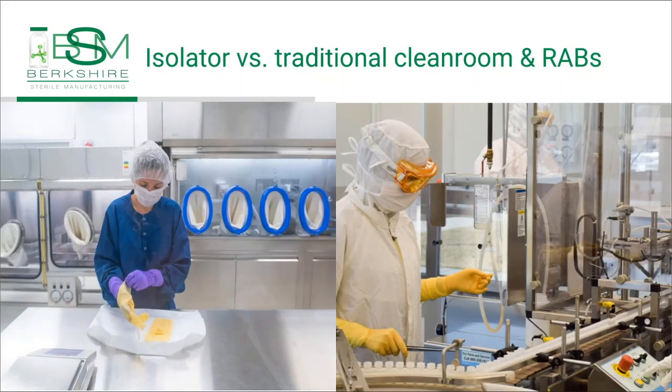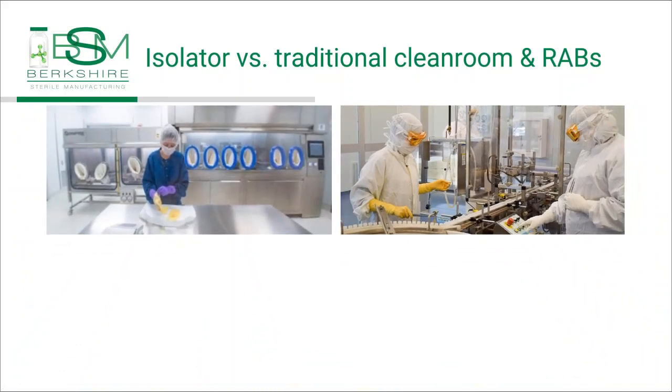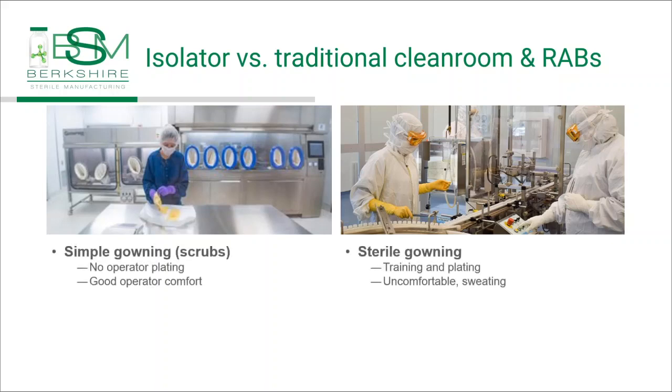So let's take a look at the difference between an isolator and a traditional clean room and RABs. You see here on the left an isolator, and on the right you see a traditional clean room, people gowned. The biggest difference here is in the sterile gowning. In a traditional clean room or a RAB system, operators must sterile gown. They're fully covered.